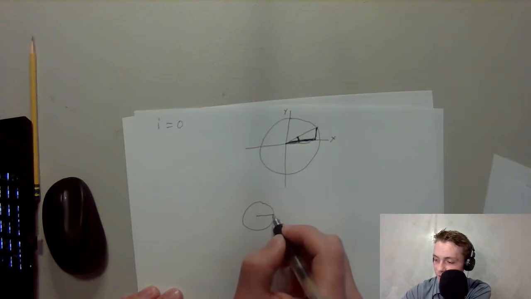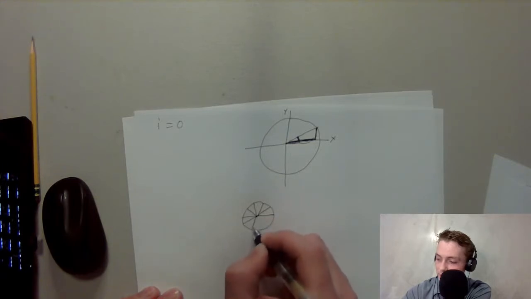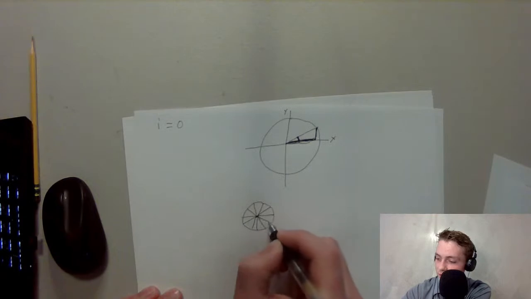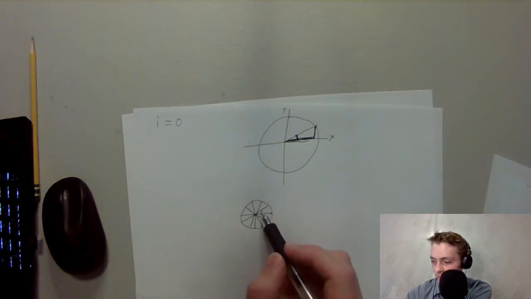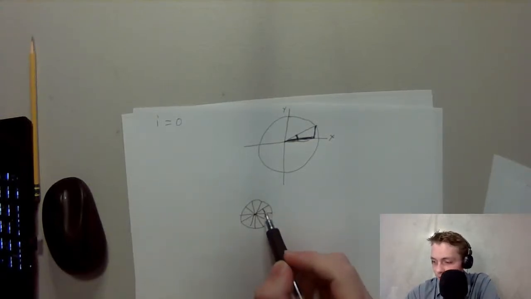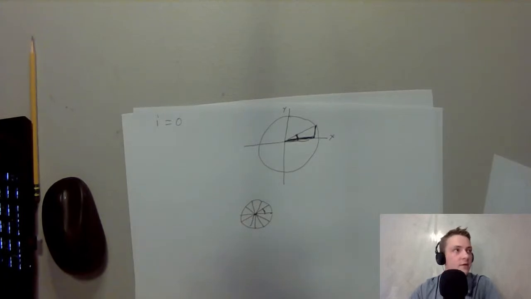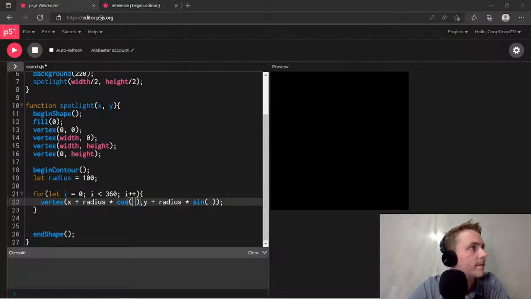We'll start here, and then we want to move across some angles until we reach the end, or 360 degrees. So what we need to do is give the sine and cosine functions in our code the iterator, I.